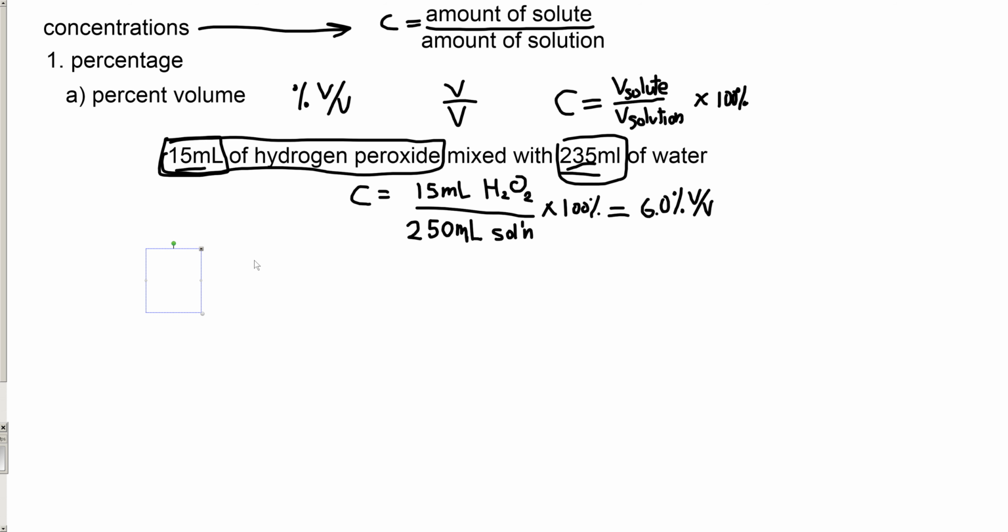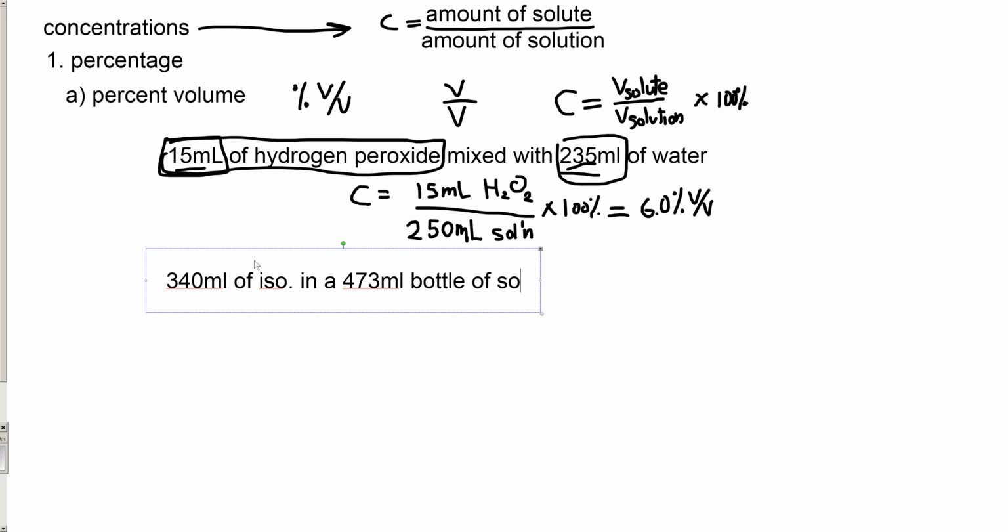I'm just going to ballpark the numbers, but I'm going to say we have 340 mL of isopropanol in a 473 mL bottle of solution. So they're giving us this now as the solution volume itself.